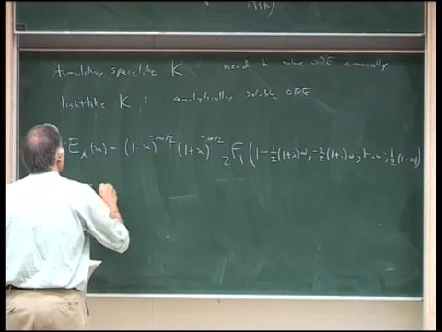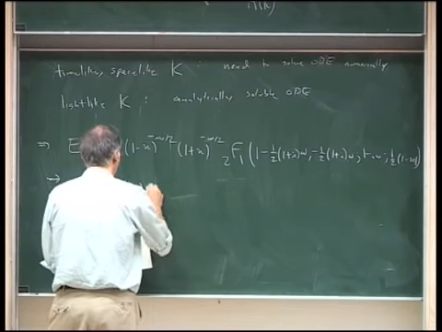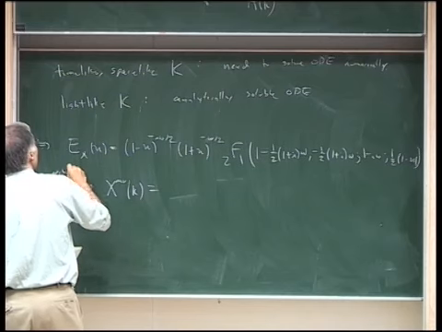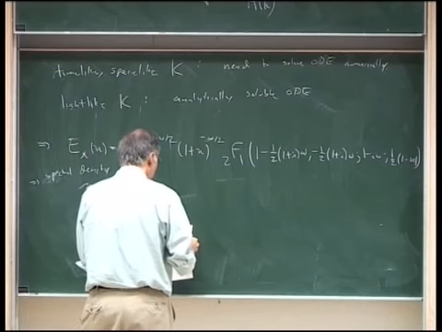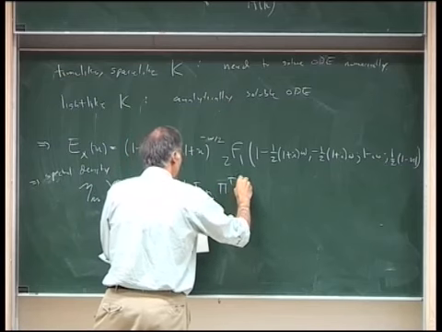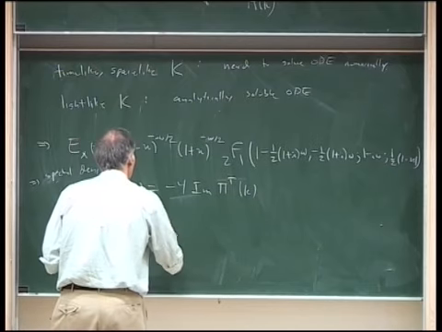So let me just go to that spectral density for light-like momentum. And this is just minus 4 times the imaginary part of pi t. And what is it?